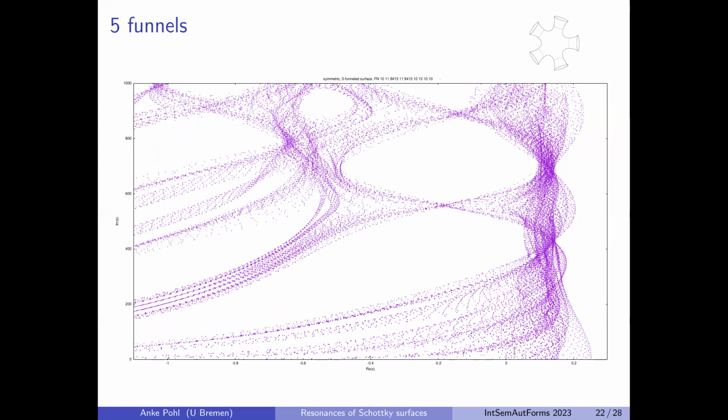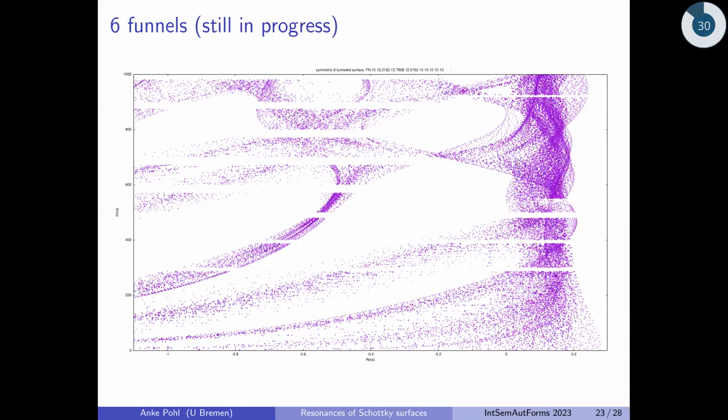With this parallel algorithm, we can do that. And also here you see, yes, you do have these structures still. Here at some part we just didn't extend the pictures any further. We had to stop somewhere in the computer, so here a word towards calculation power. So this is 6 funnels, which also worked still.